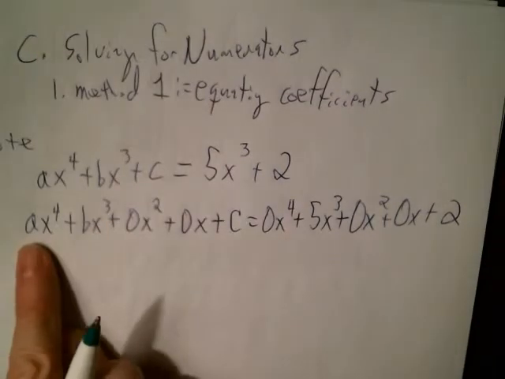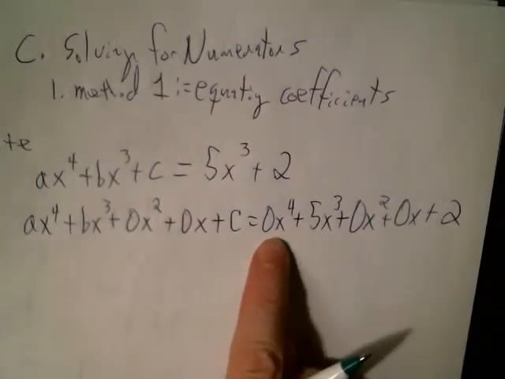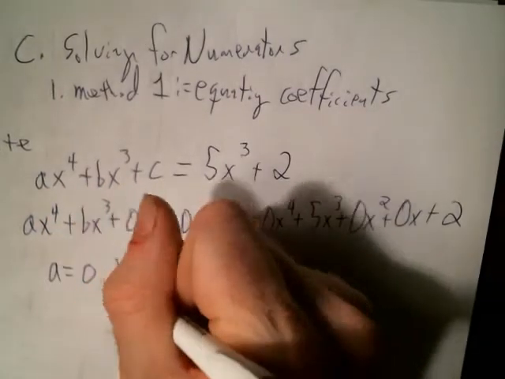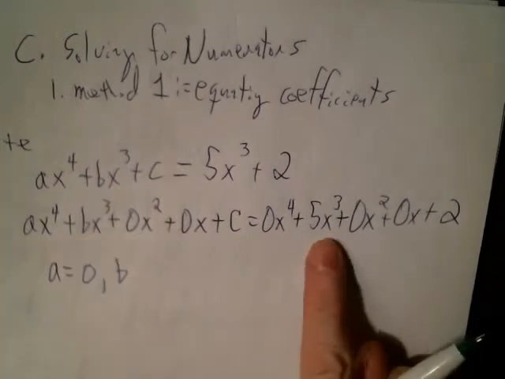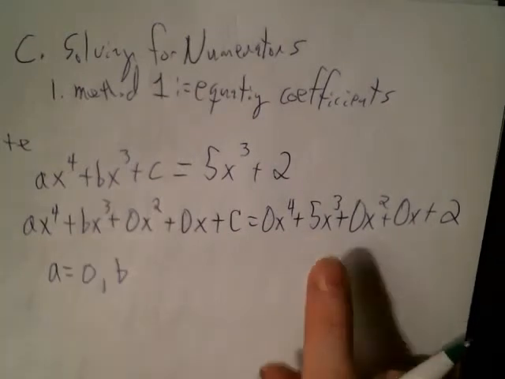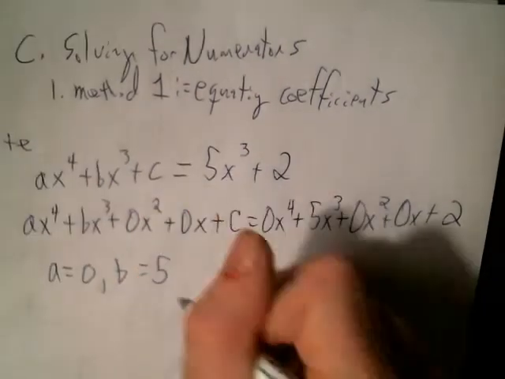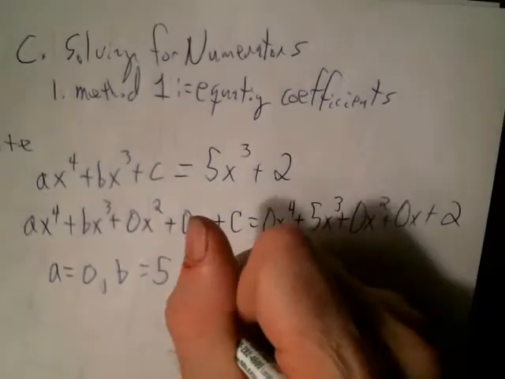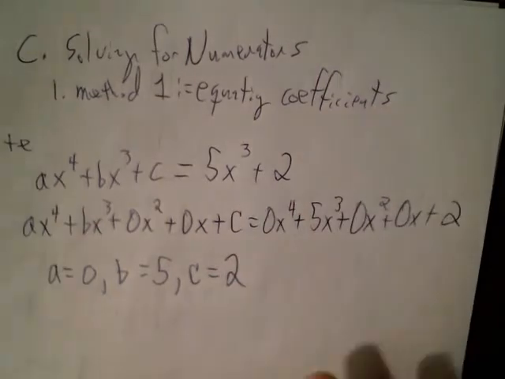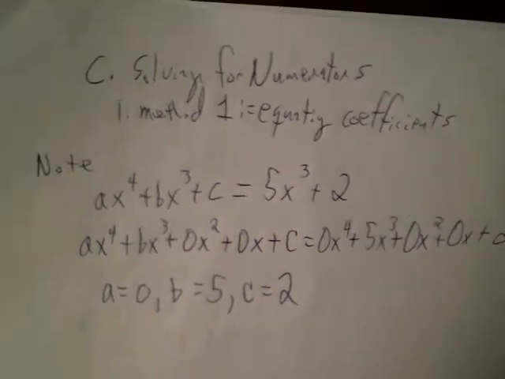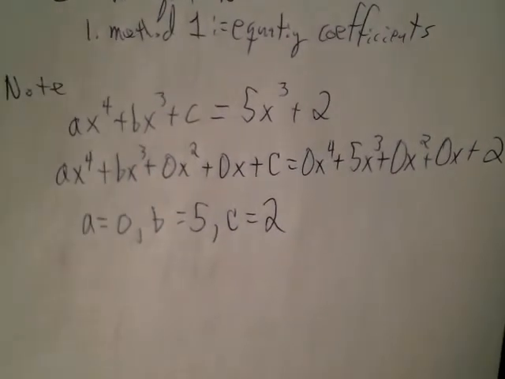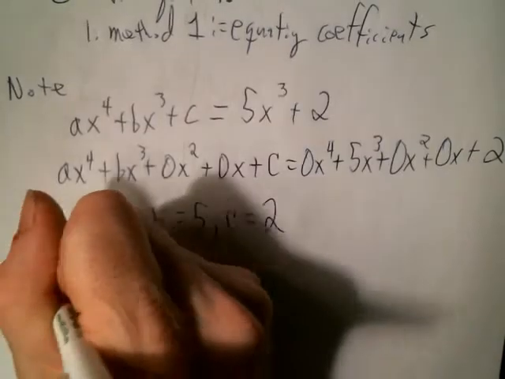So the coefficient on x to the 4th has to equal the coefficient on x to the 4th over here. So a would be 0. The coefficient on x cubed here has to equal the coefficient on x cubed there. So b would equal 5. And then I just see c is 2. So that's the idea that we want to exploit in order to figure out these numerators in this first method type.